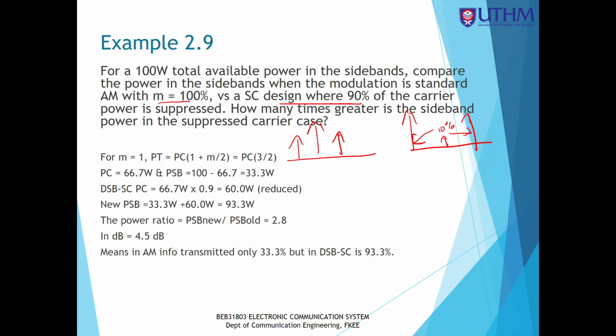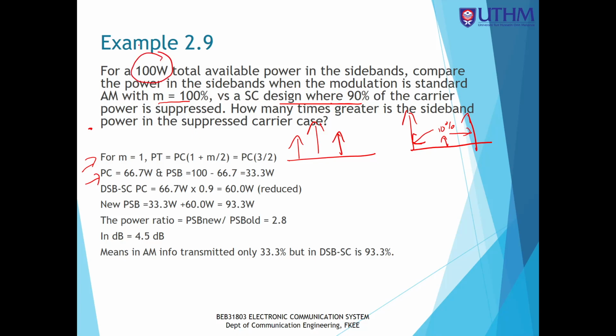So for the first scenario, if m equal to 1, we can calculate the carrier power, small c, Pc. Power carrier becomes 2 over 3 of the total power, so 66.7 from the total 100 watt. Total is given 100 watt.